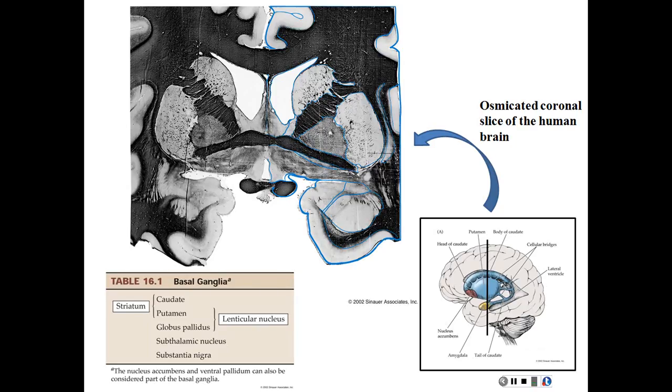And all this dark stuff are all these myelinated axons, connecting neurons on the same side of the hemisphere, connecting neurons from left and right, right and left, or the axons that are projecting down, like corticospinal, corticobulbar, going somewhere else. And in amongst all this really dark tissue, which we know are the myelinated axons, we actually have our different parts of the basal ganglia.